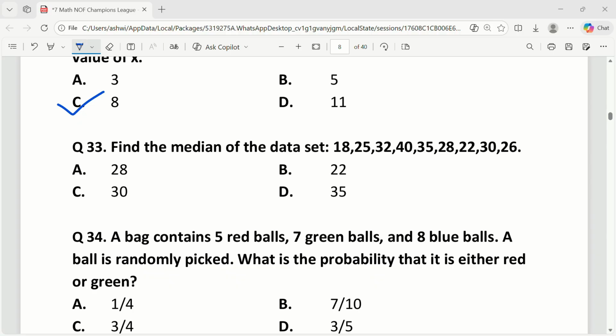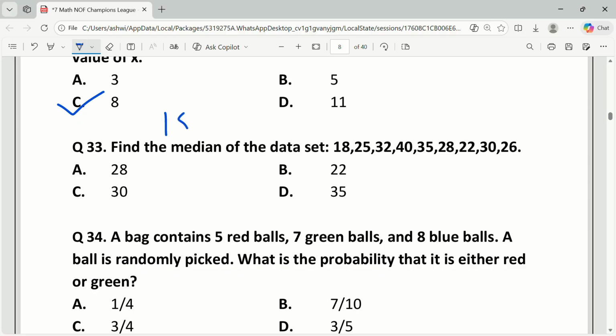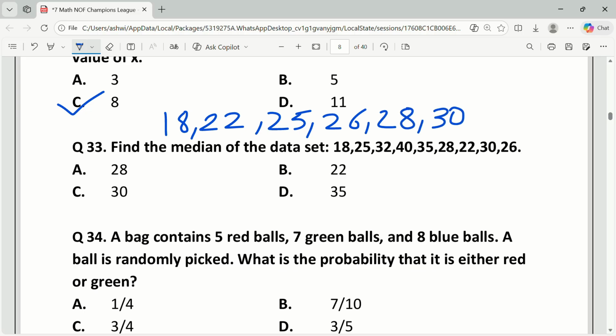That will be 18, 22, 25, 26, 28, 30, 32, 35, and 40.